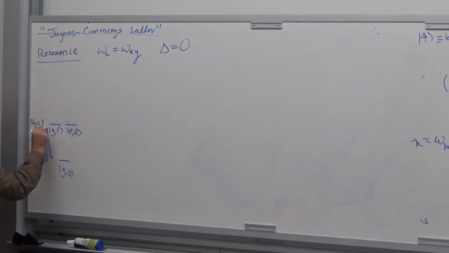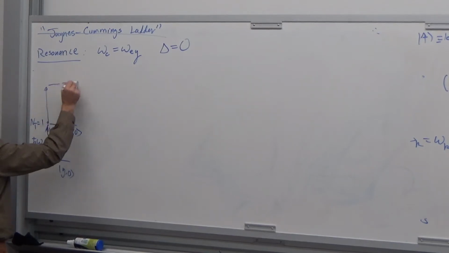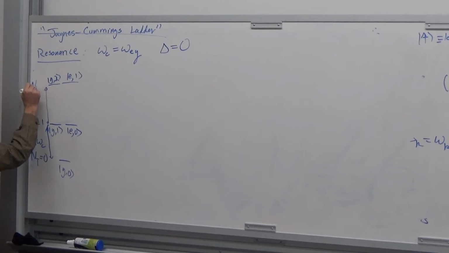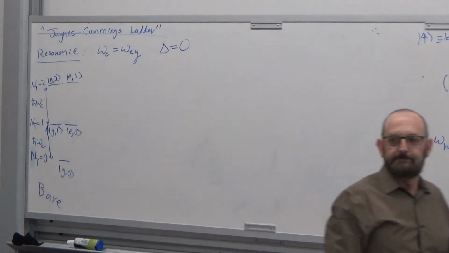So this splitting here is the cavity frequency, which is the same as the atom frequency. And then I could have two excitations. These are degenerate in this case. So these are what we call the bare states. And this is the spectrum, right? It's an infinite ladder, with these doubly degenerate states when I'm right on resonance.